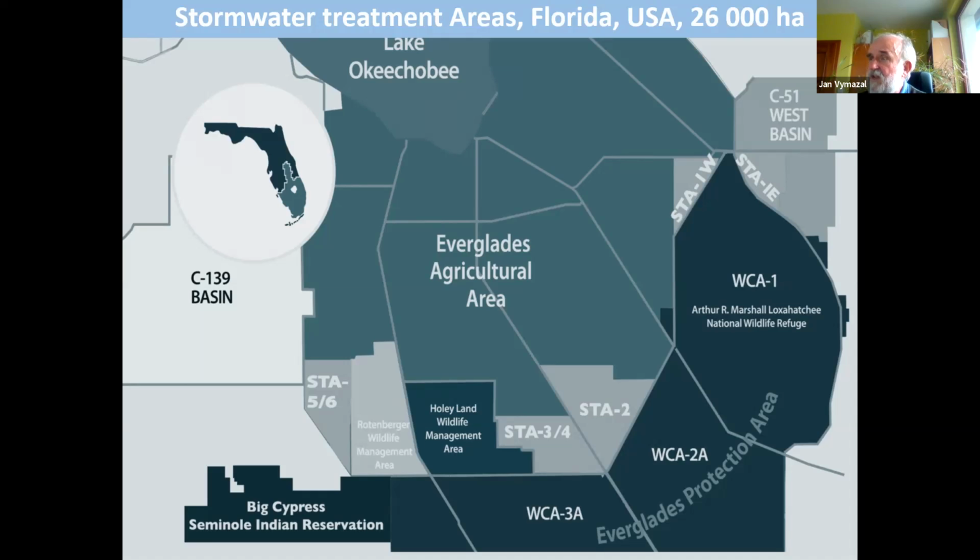So these STAs are very large. At the moment, there are six of those. There are more than 10,000 hectares, mostly with floating macrophytes fixing the phosphorus.